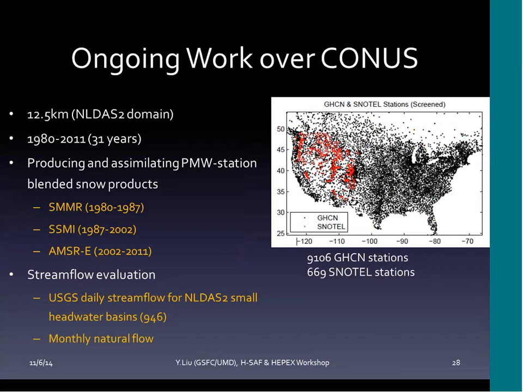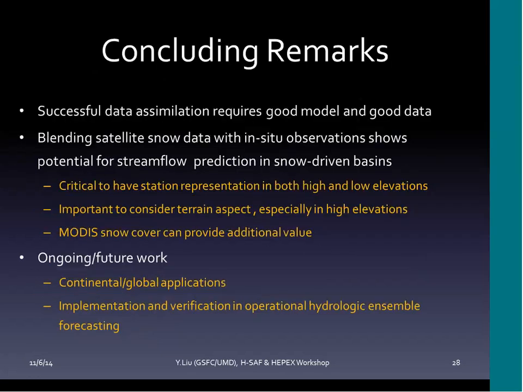So we'll be looking at 31 years of data, three microwave sensors here, one after another, and then we'll be looking at the USGS daily streamflow data, but for very small basins, because the large basins are all regulated. And we'll also be looking at the natural flow data. We got some pretty interesting preliminary results on this, but for the interest of time, I'm not going to show them here.